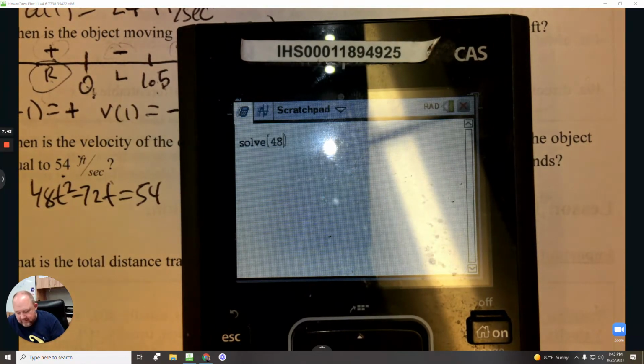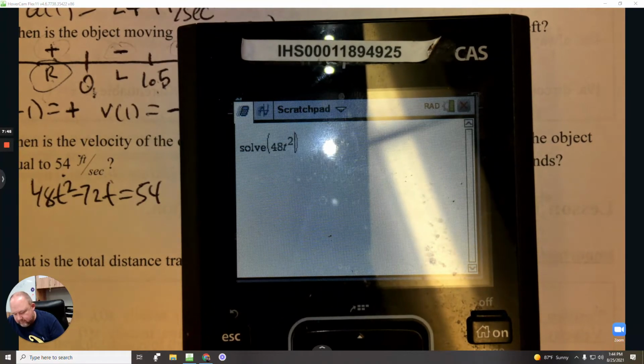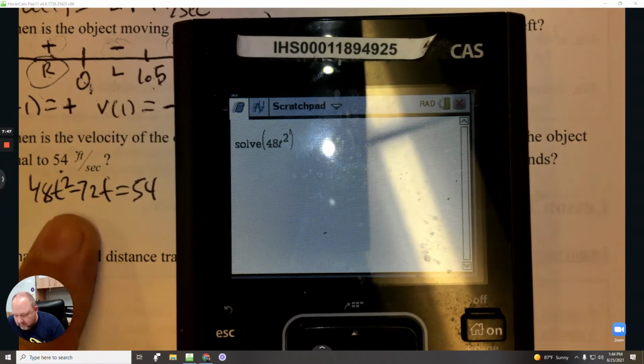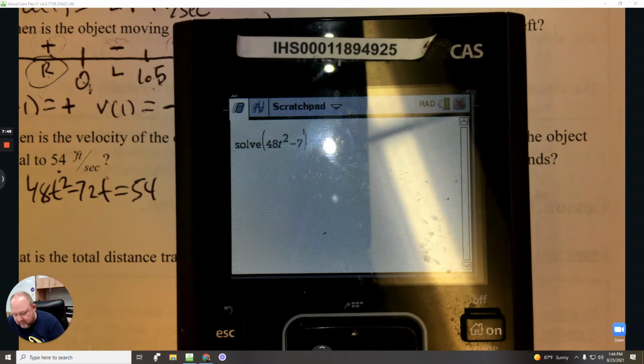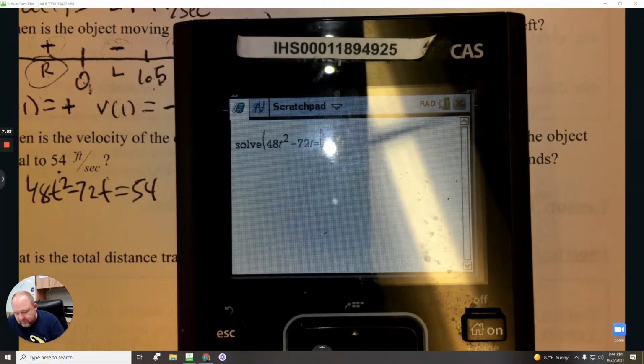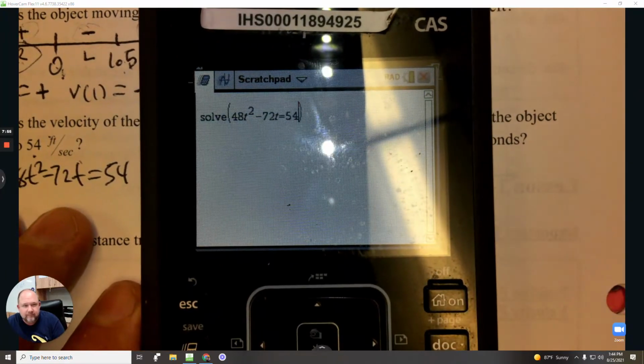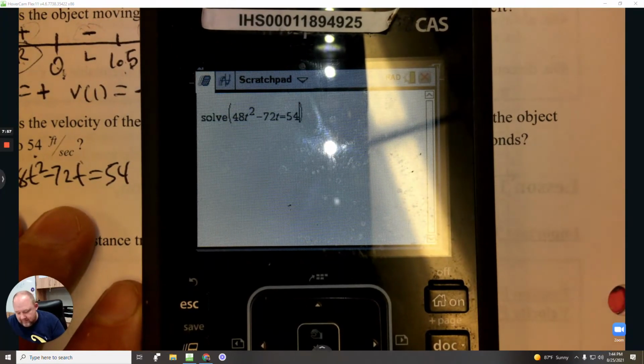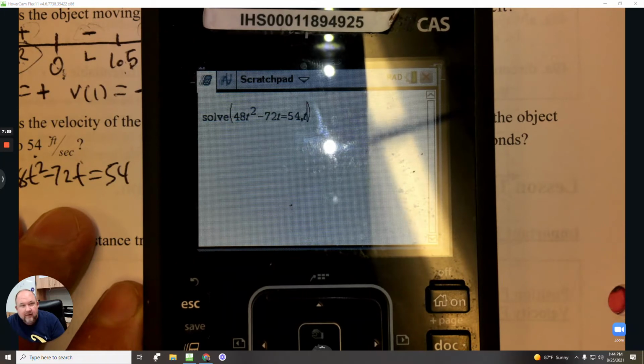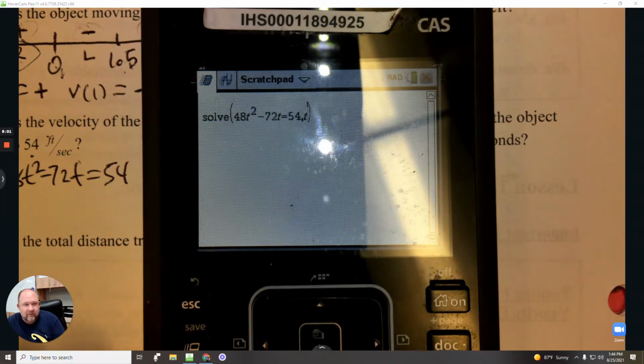48t squared subtract 72t equals 54. And then I have to go comma t. Now go control enter.